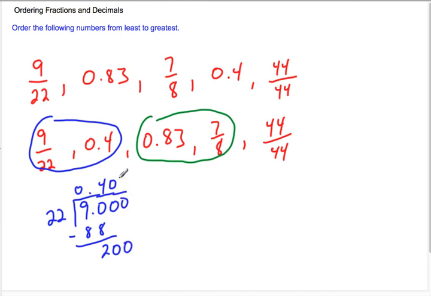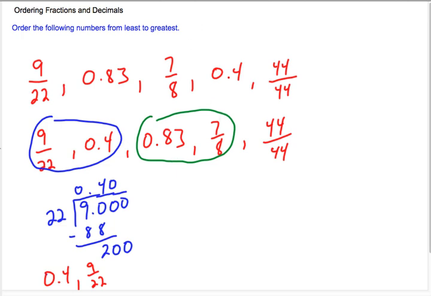It means that whatever this number is, so we're going to get some number here, it's going to be big, it's going to be like 8 or 9 or something. Whatever it is, it's definitely going to be bigger than 0.4. So we already know that 0.4 goes first, and then the next number is 9/22, because that's 0.40 something.